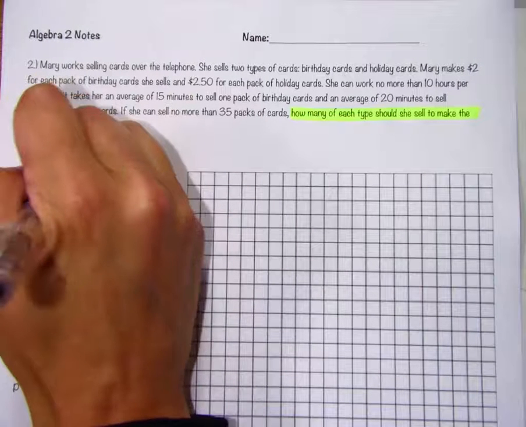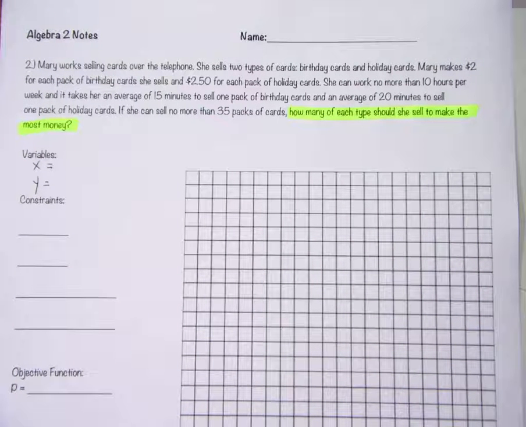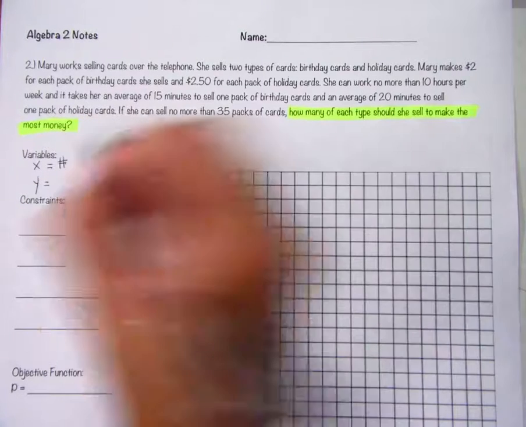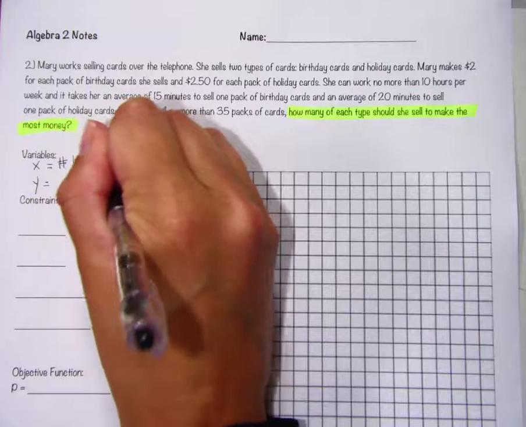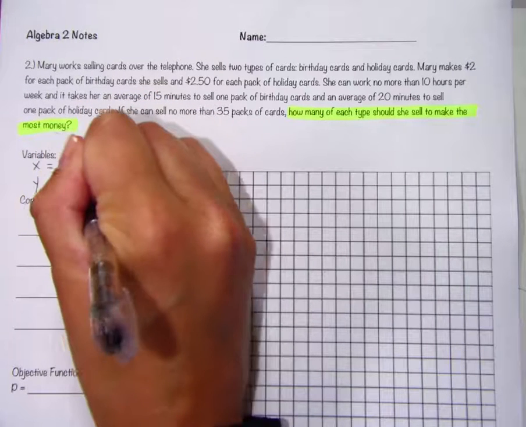We can certainly use X and Y again. If you prefer different variables, then more power to you. Let's let X be the number of birthday cards, and then Y be the number of holiday cards.